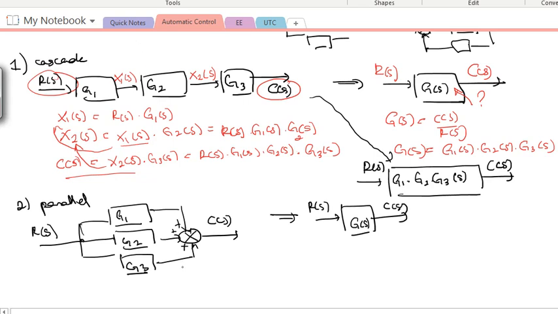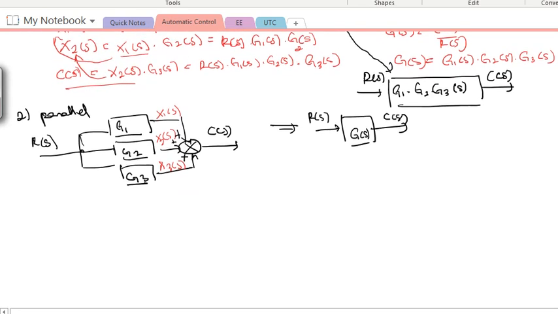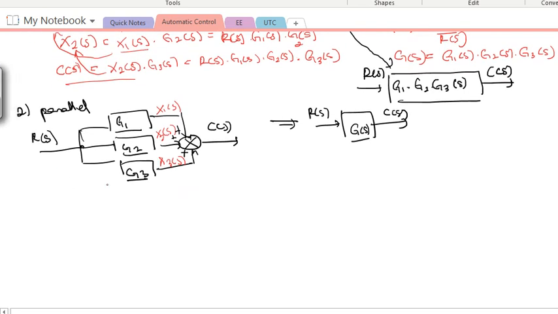Let's say I call the output of G1 as X1, this one as X2, and here as X3. And then what we need to do is to identify what X1, X2, X3 equal to, and then their relation with CS at the end, and then develop the transfer function of CS over RS.